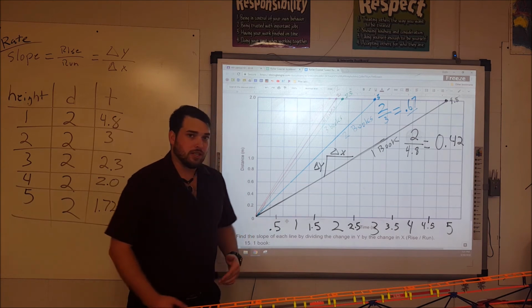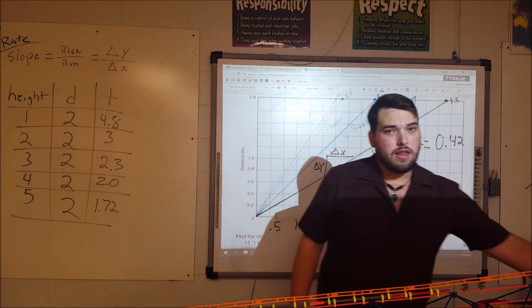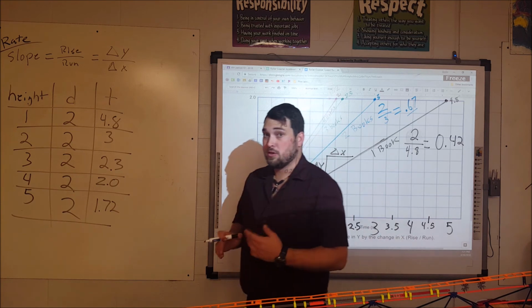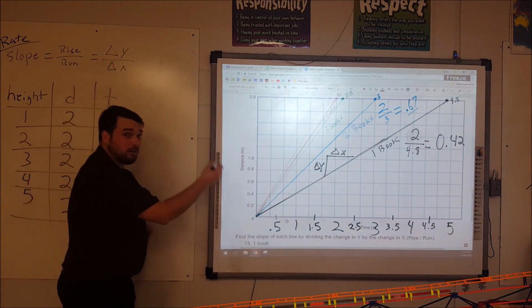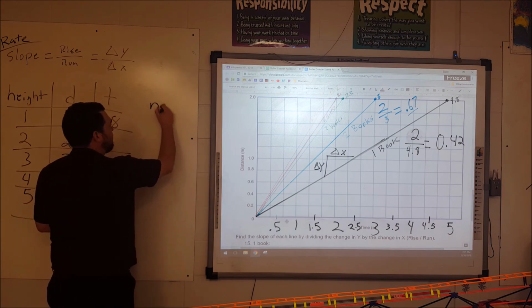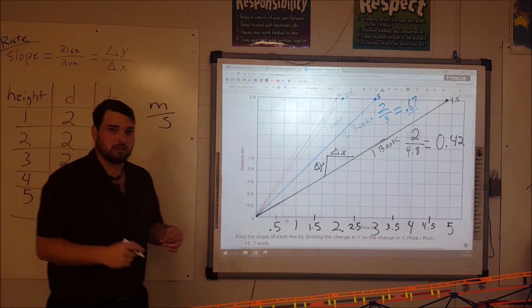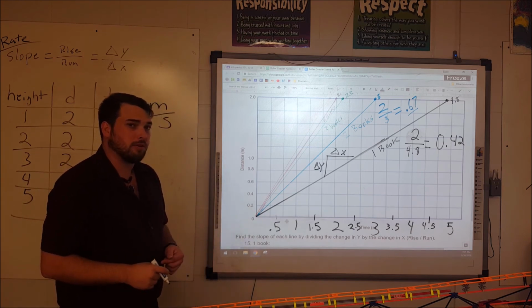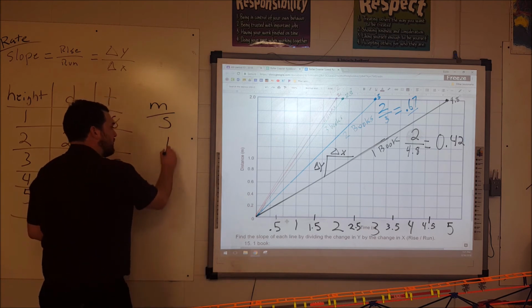Now, if we're measuring speed in meters per second, the units actually give you a hint to the formula for speed. If we measure our speed in meters per second, meters divided by seconds, what are we actually doing? Meters is a measure of distance.